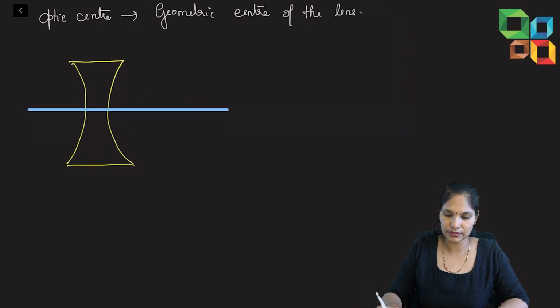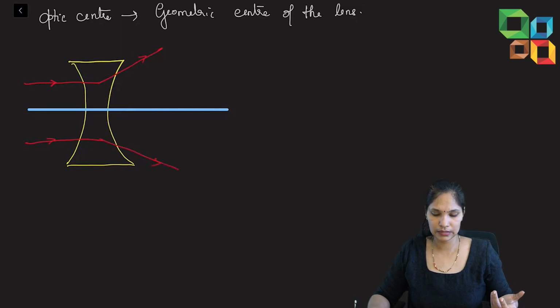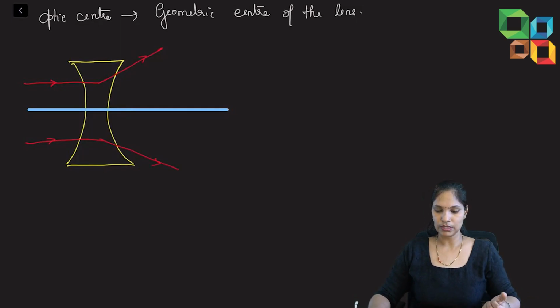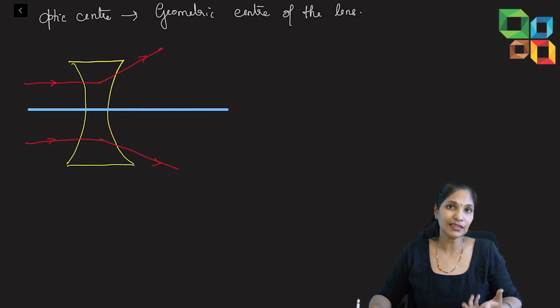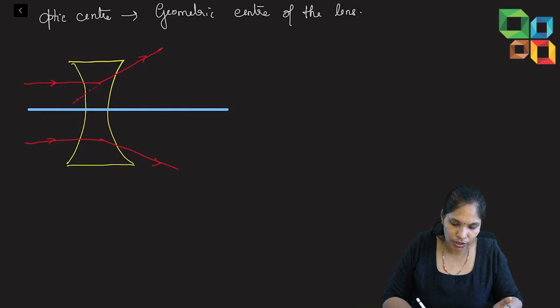This is the principal axis. Let us see what happens to the parallel rays which fall on this lens. So these are the parallel rays. You know the rays get diverged. So these rays never meet at a point. Okay, fine. They're not meeting on the right side, but we can make them meet somewhere. See here, you can make them meet here.